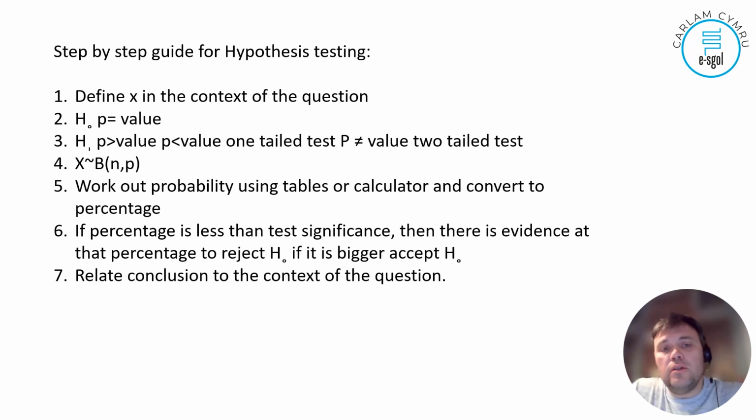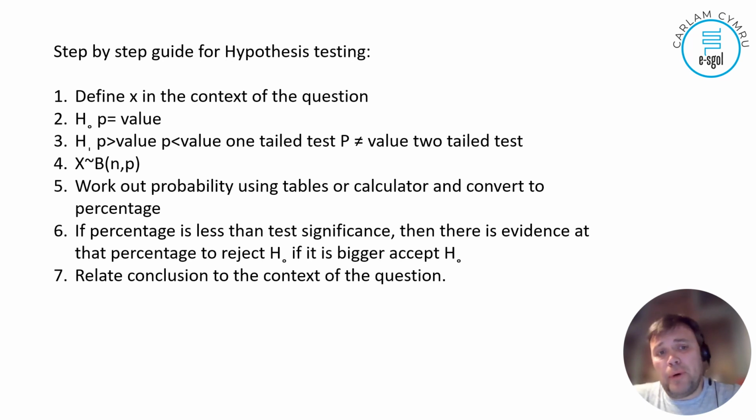Again, you would work out what the probability is, and if it's at 5%, you split the probability in half, because it could be greater than or it could be less than. So if it's at say 3%, you'd cut it in half. You're looking at, if it's less than 1.5%, you would reject H0. If it's above that, you would accept H0.